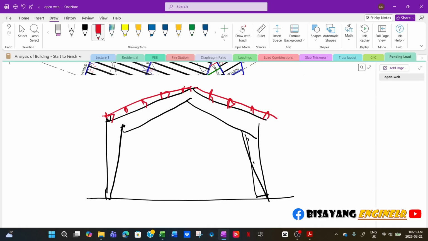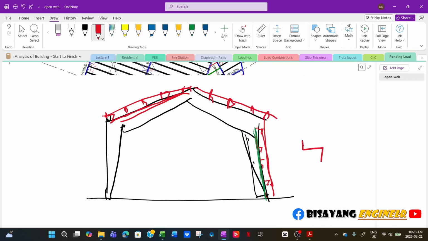Your liner sheet is right on the underside of the purlins. Also, if you have girts, you have your wall cladding here, and then your liner would be on the inside. So if you look at girts, you have something like this.